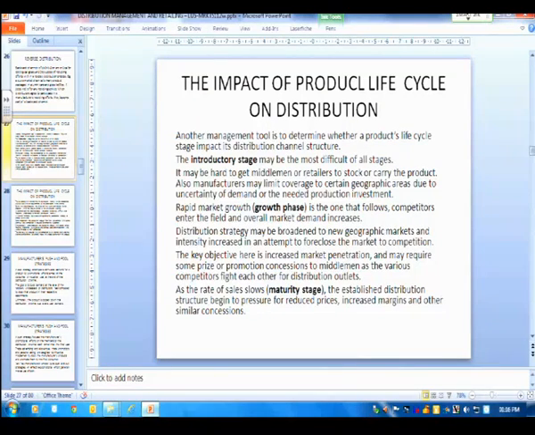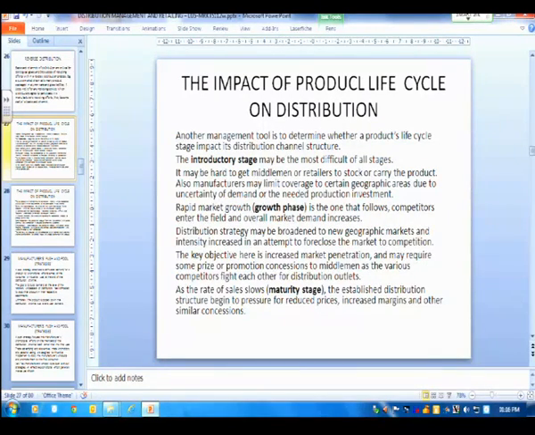The key objective here is increased market penetration and may require some price or promotion concessions to middlemen as the various competitors fight each other for distribution outlets.